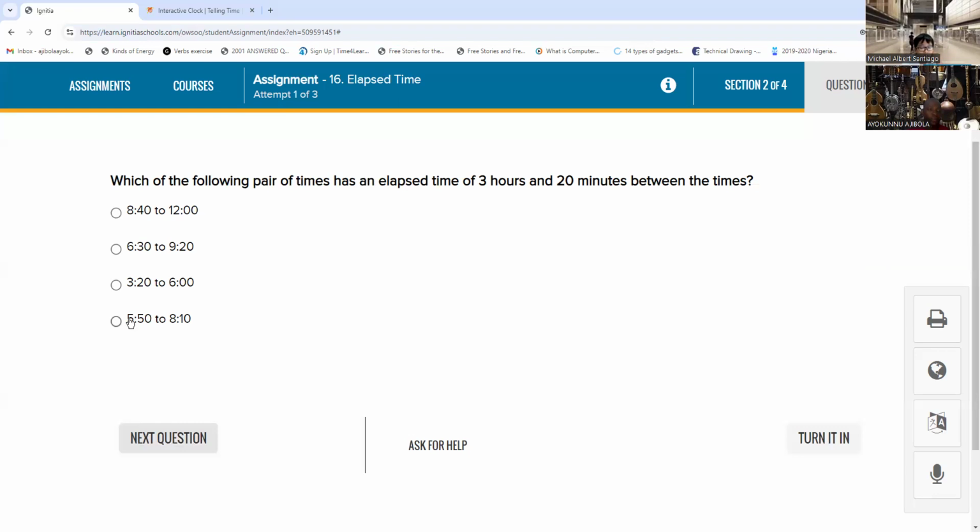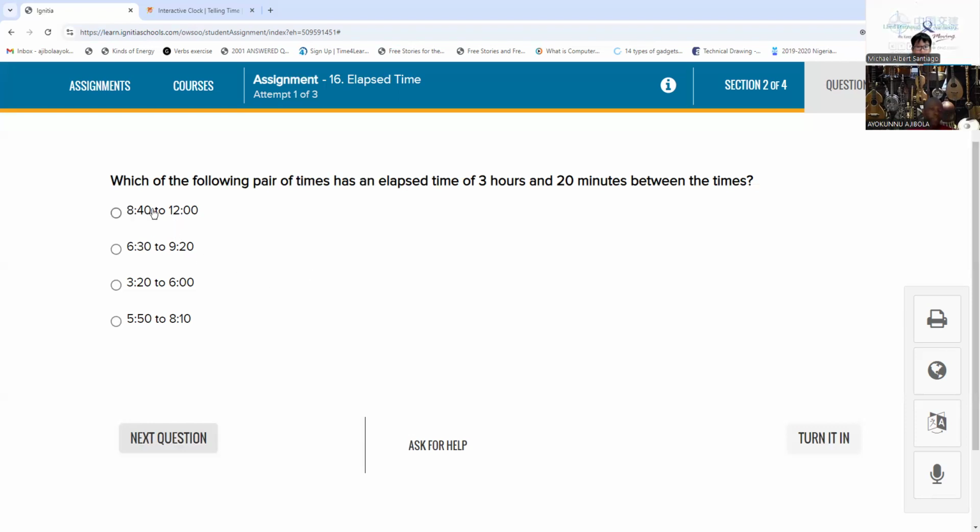Then no. Let's check this one. From 5:50 to 8 p.m. So we are looking for 3 hours, 20 minutes. So that'll be 6:50, 7:50, and 8:50. Then 20 minutes makes 8:10. Oh, wait. 6:50, 7:50, 8:50, no. That means we have to check thoroughly, okay?